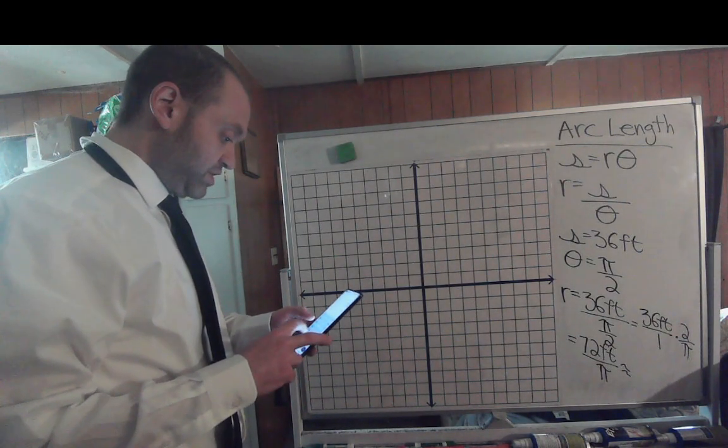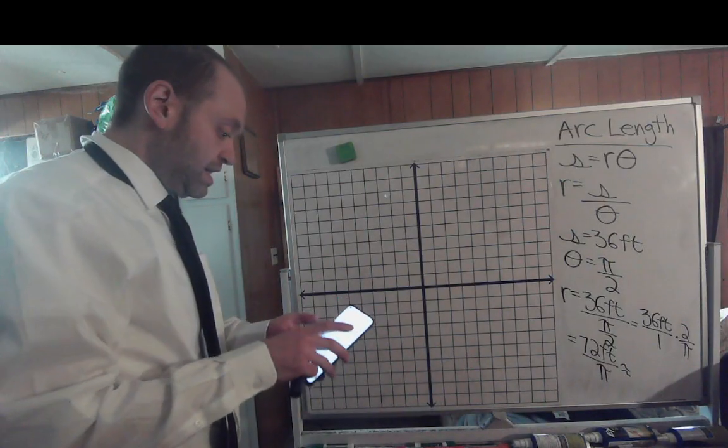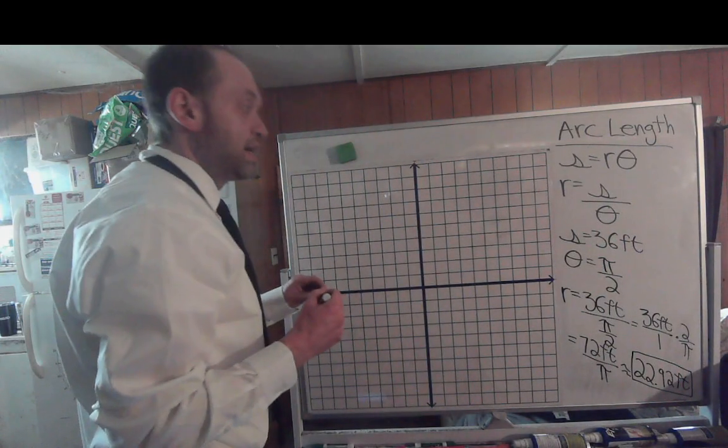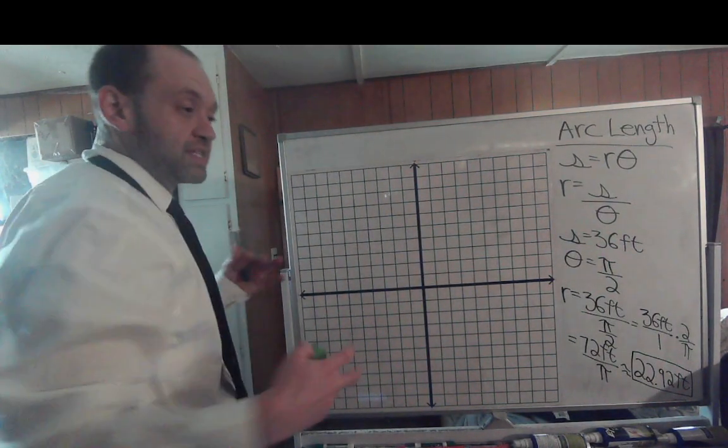So 72 divided by pi gives you about 22.92 feet. So the radius is going to be approximately 22.92 feet for that section of the circle.